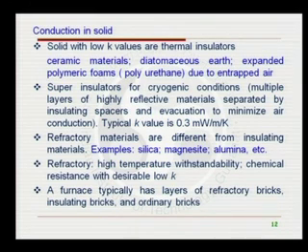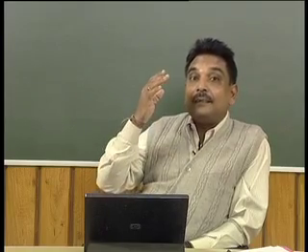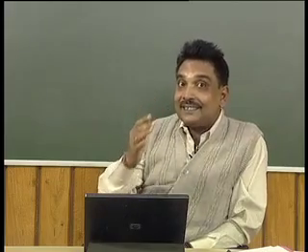Therefore, a furnace, which is a very common example of chemical engineering equipment, is typically layered by refractory bricks, then insulating bricks, and then ordinary bricks. The refractory brick is the inner layer, which has very high temperature withstandability and chemical resistance.